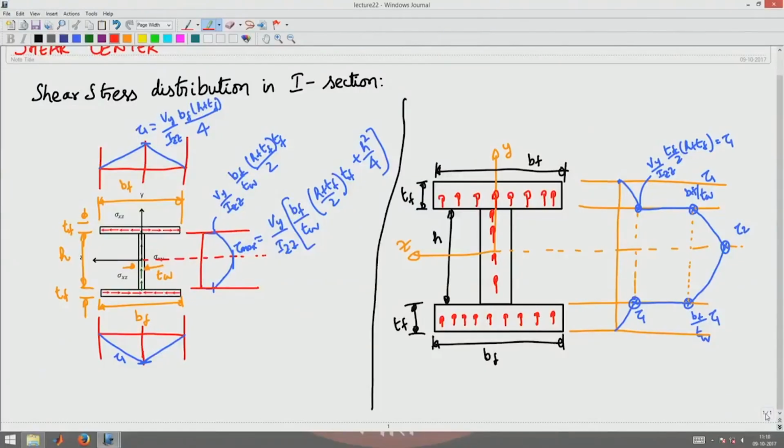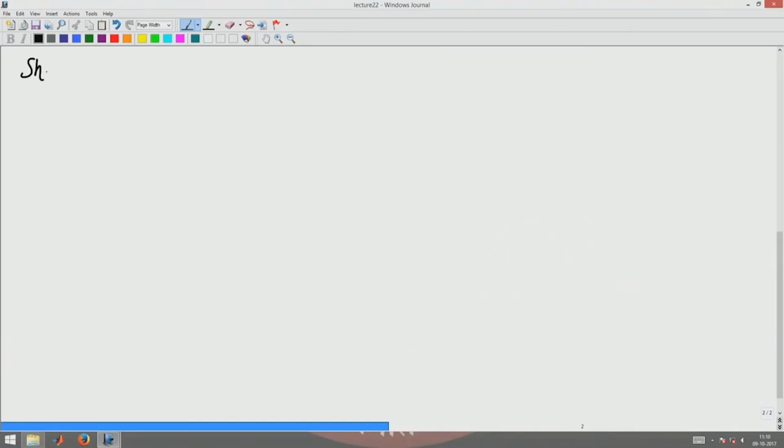Now we will go ahead and understand what you mean by a shear center, and how you compute the shear center for a cross section. Shear center is a geometric property, and we will see how to compute it. First, let us define what a shear center is.